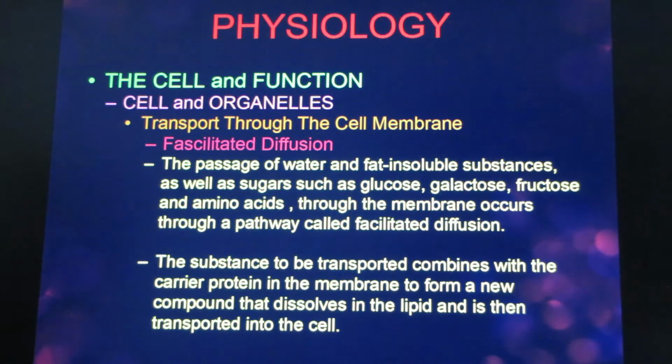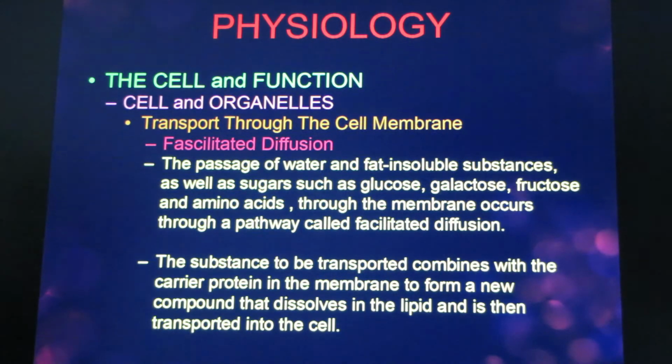The third type of diffusion from the cell membrane into the cell is called facilitated diffusion. The passage of water and fat-soluble substances as well as sugars such as glucose, galactose, and fructose and amino acids through the membrane occurs through a pathway called facilitated diffusion.